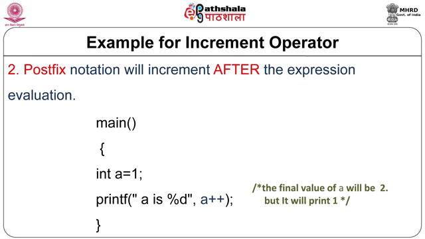Using this, the final value of a will be 2, but it will print just 1 because you are using the postfix increment operator. It means when this printf statement is executed, the value of a will be incremented, but in the printf statement that value is not incremented. Therefore, this program will print just a equal to 1, or result 1.